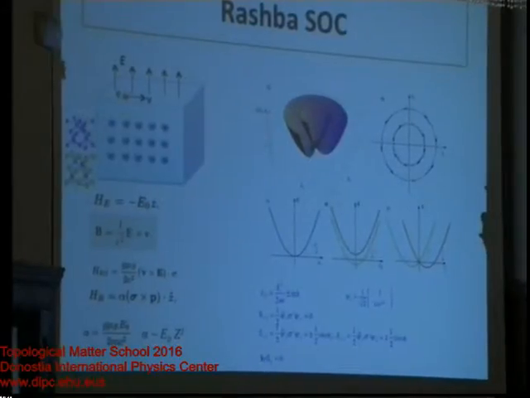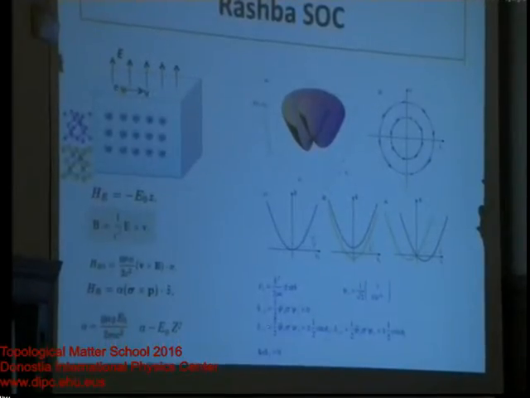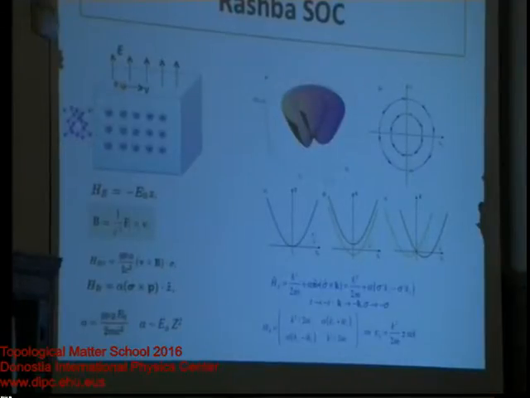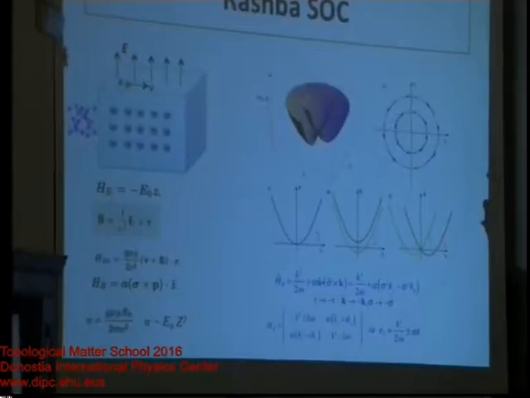Okay, there's a little more. This is the detailed solution of the wave function of this Hamiltonian, but it doesn't tell you too much. By the way, suppose we know nothing about the physics here.